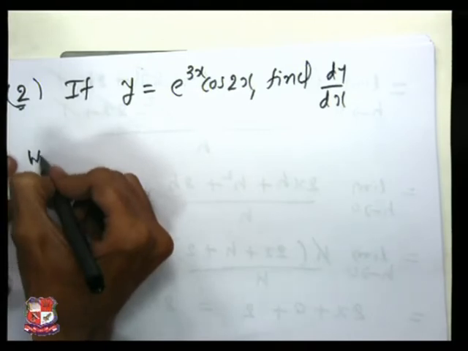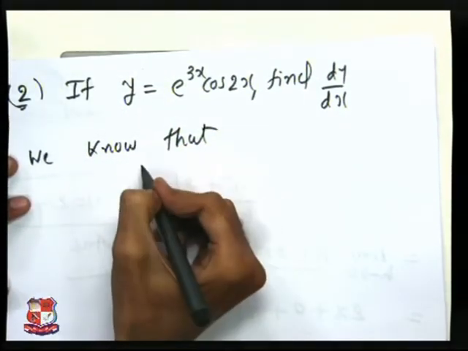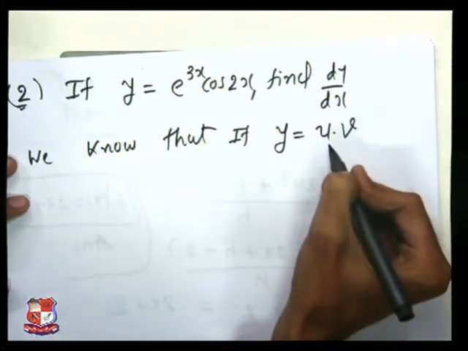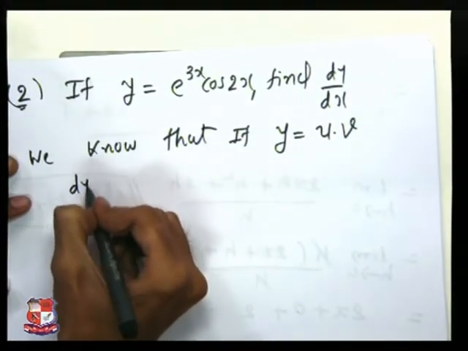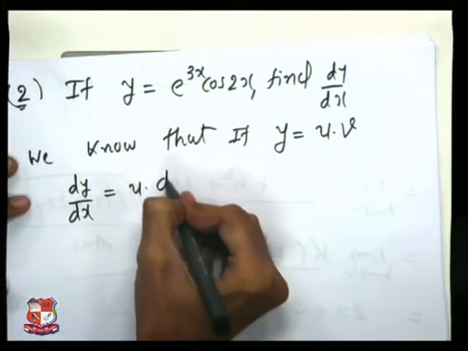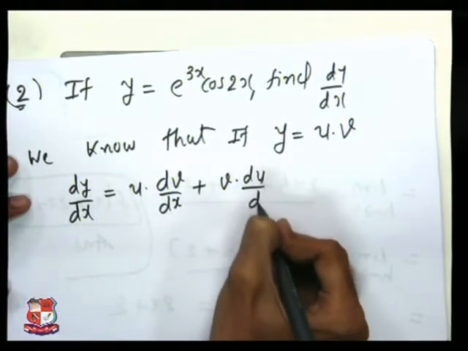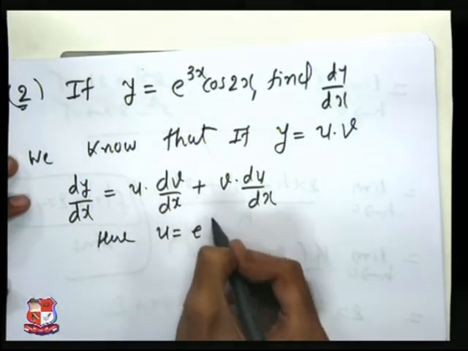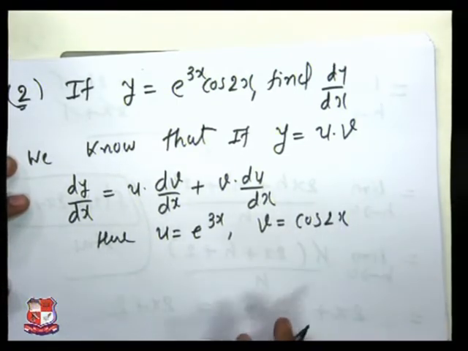We know that if y is equal to u into v, where u and v both are functions of x, then by the rule of multiplication, dy by dx is equal to u into dv by dx plus v into du by dx. In this case, u is equal to e raised to 3x and v is equal to cos 2x.